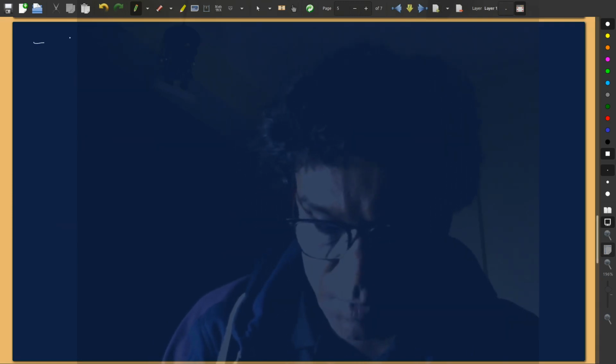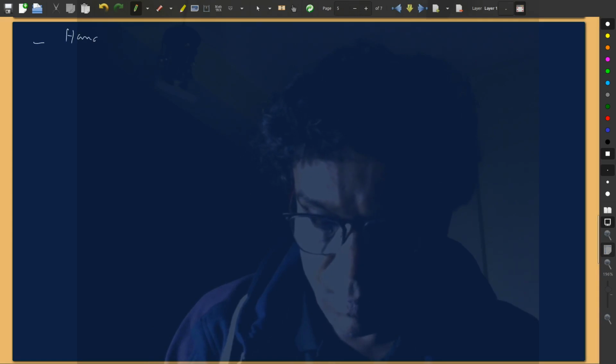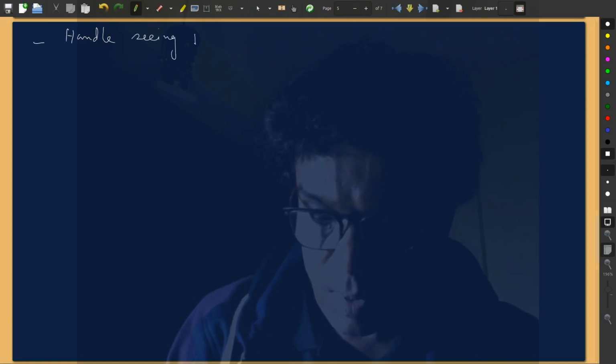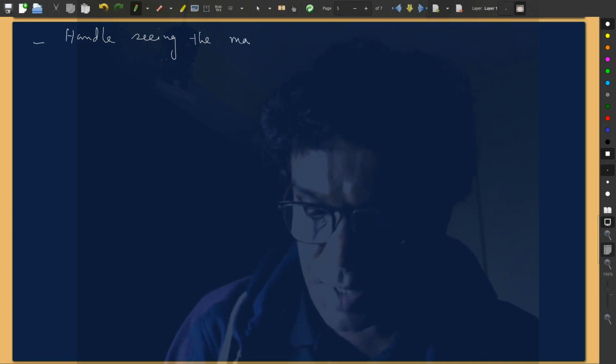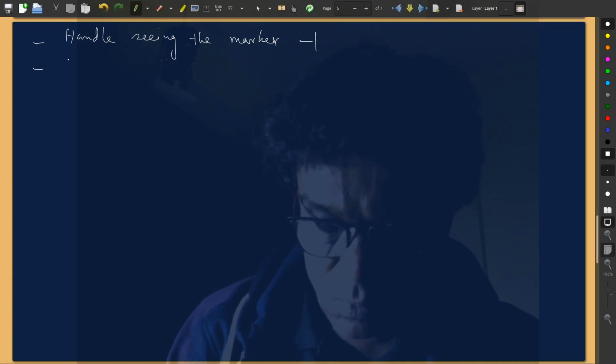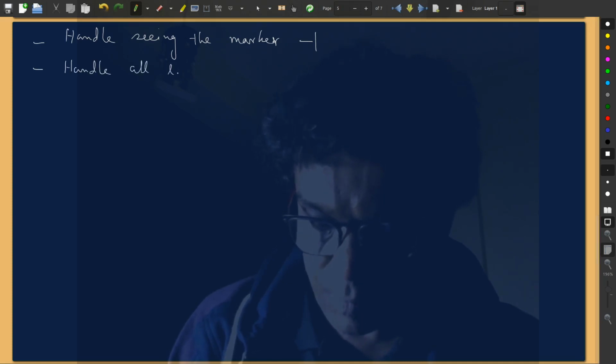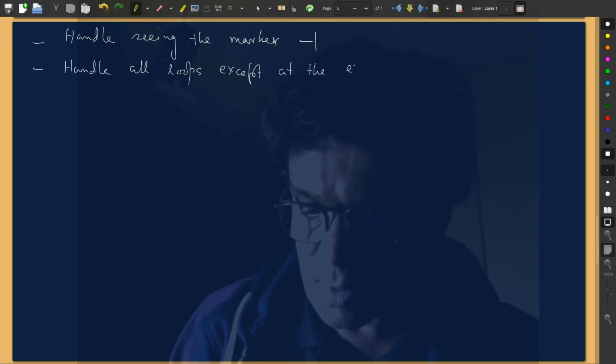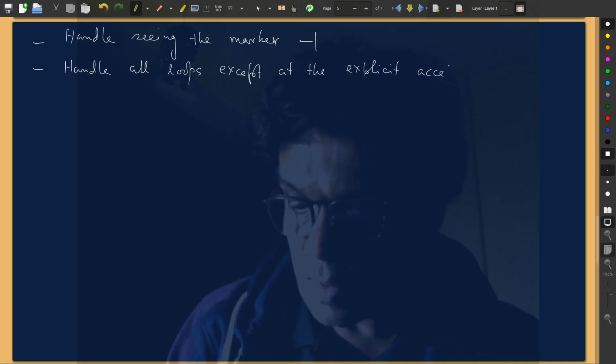So this is a two-step process. First, handle seeing this new marker. And second, I have to handle all loops except at the explicit accept and reject states.